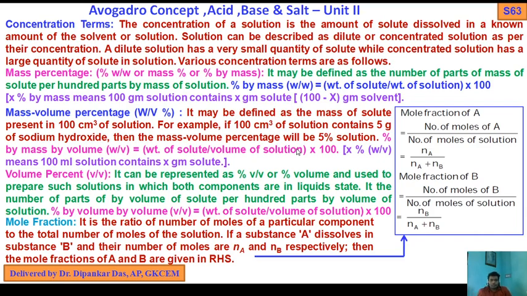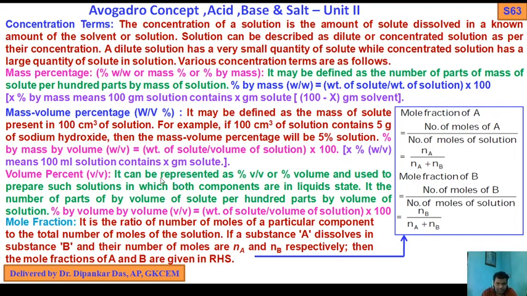So percentage by mass by volume, W by V, equals weight of solute by volume of solution into 100. Here x percentage W by V means 100 ml solution contains x gram solute.